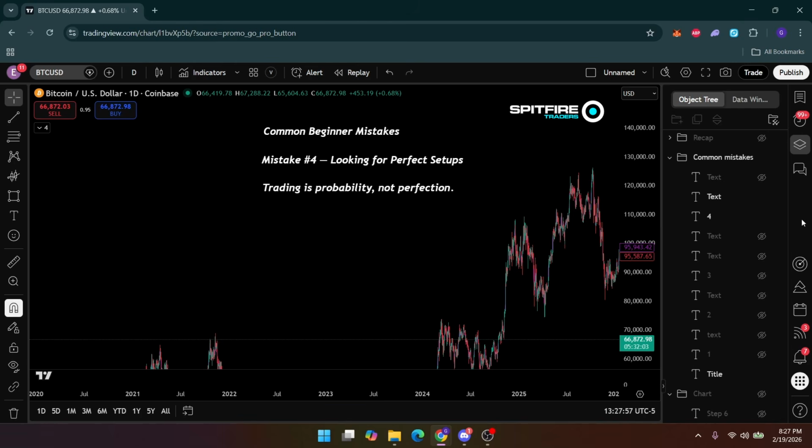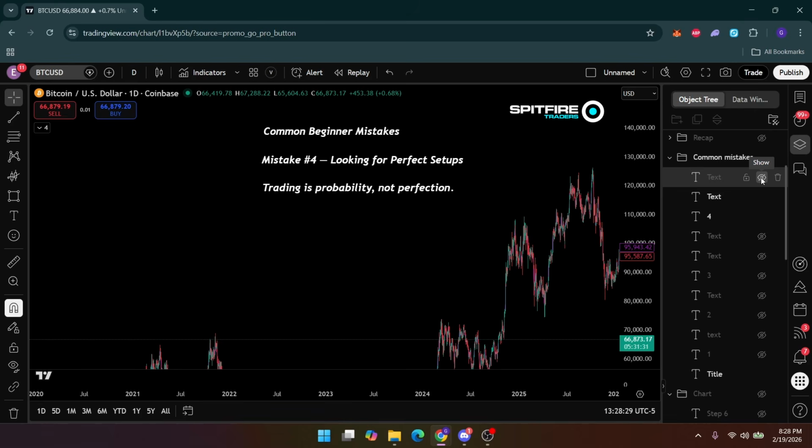The goal is to consistently put yourself in situations where the odds are in your favor. That's what confluence does. It increases the probability of a reaction, but it never guarantees one. Sometimes price will hit a perfect level, with VWAP, Fib, volume, structure, everything aligned, and it will still break through. That's just how market works.